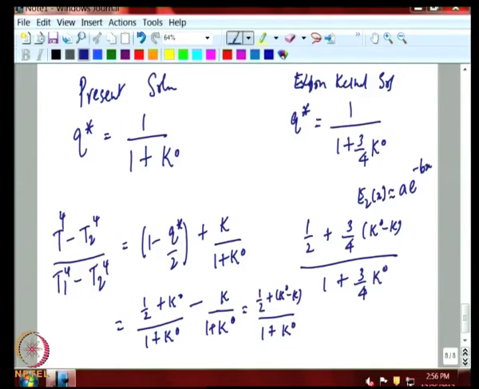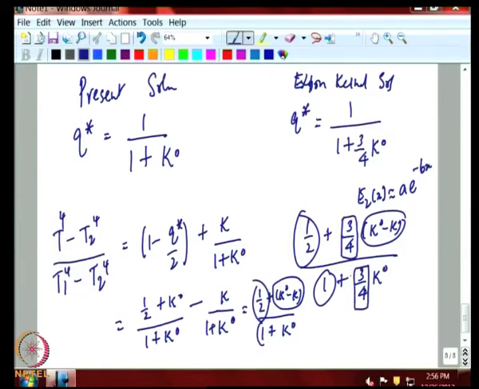Now, the main thing you must appreciate here is the fact that the only difference really, these two are similar. This is also same as that, and the only difference is in the coefficient. The coefficient is somewhat different because in the kernel approximation you can relate the 3/4 to the choice of A and B in the exponential kernel approximation, but the results are not really substantially different.